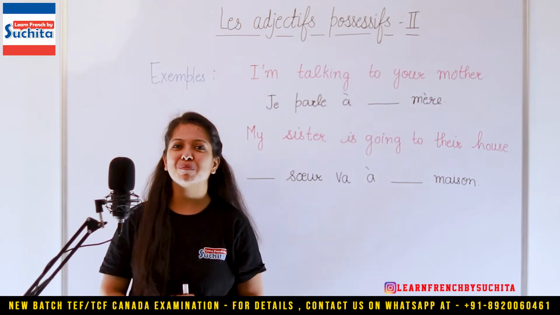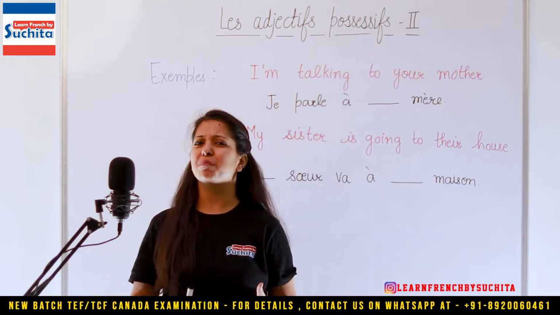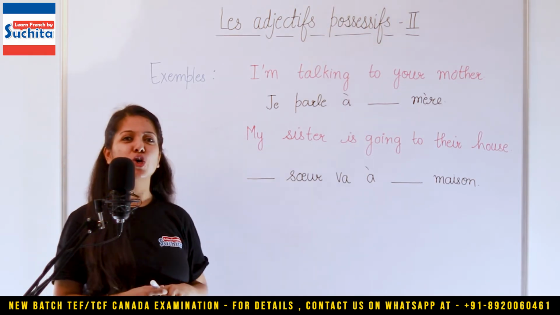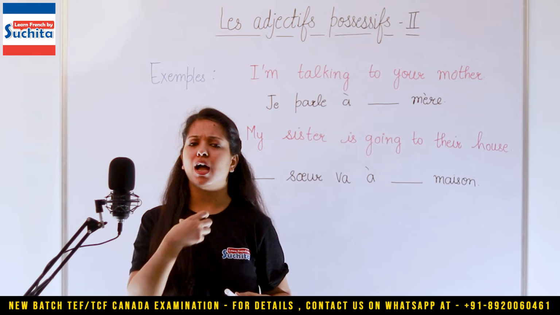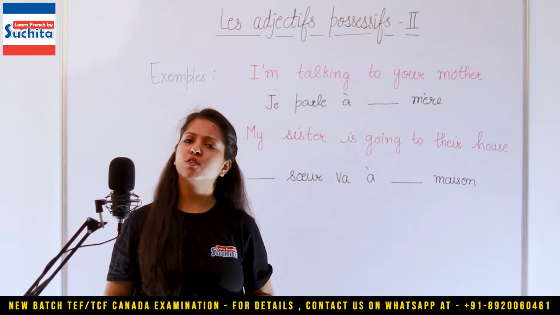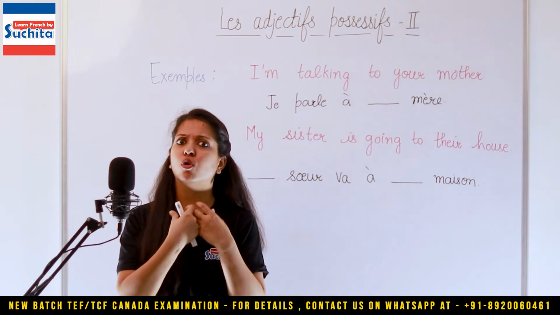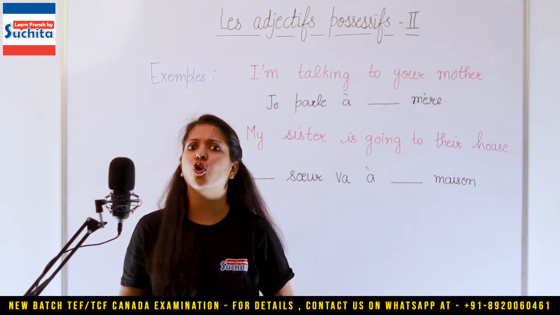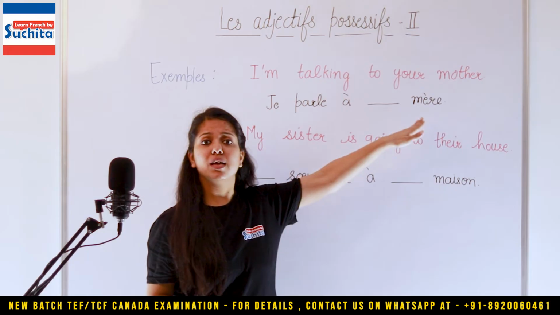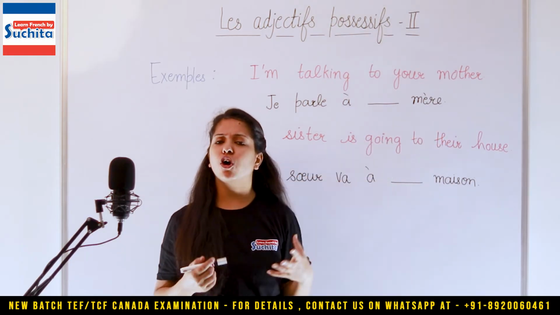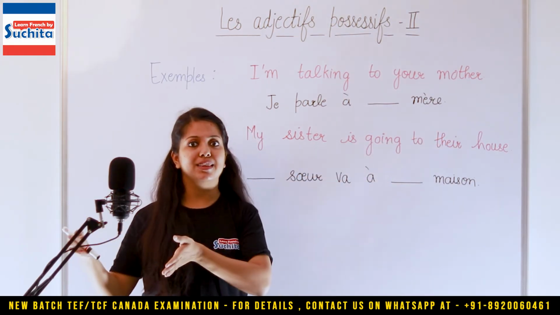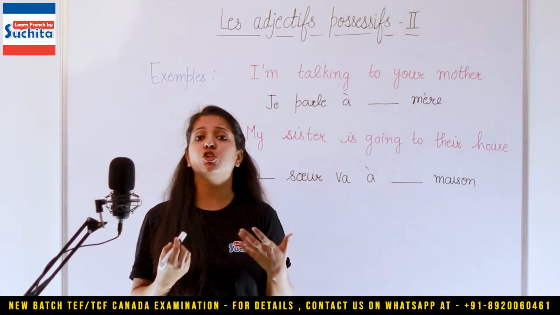So a few more examples to explain the concept a little better. I am talking to your mother. So that would be je parle à. Now our concept is to understand how you say your mother. So that is mère and your is ton, ta, tes, if you're talking informally.